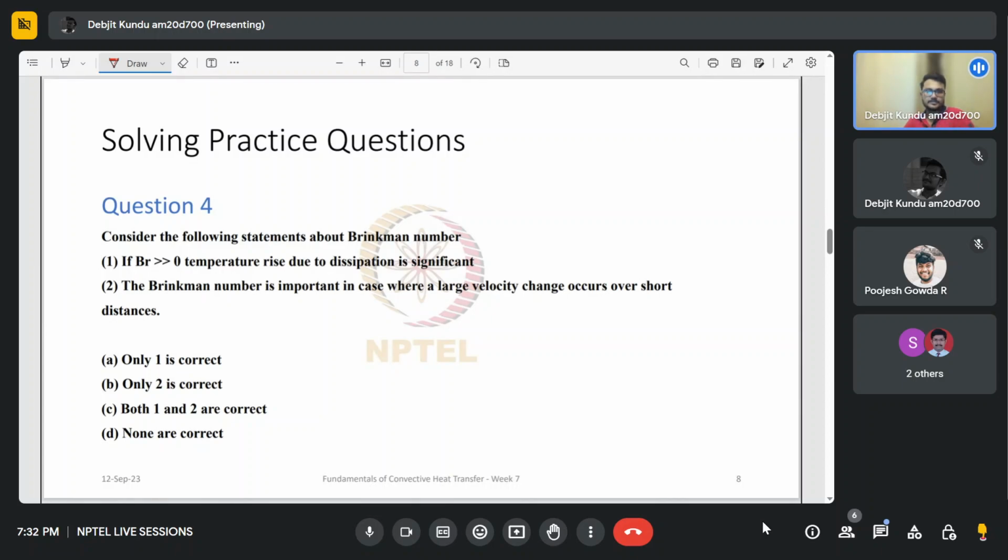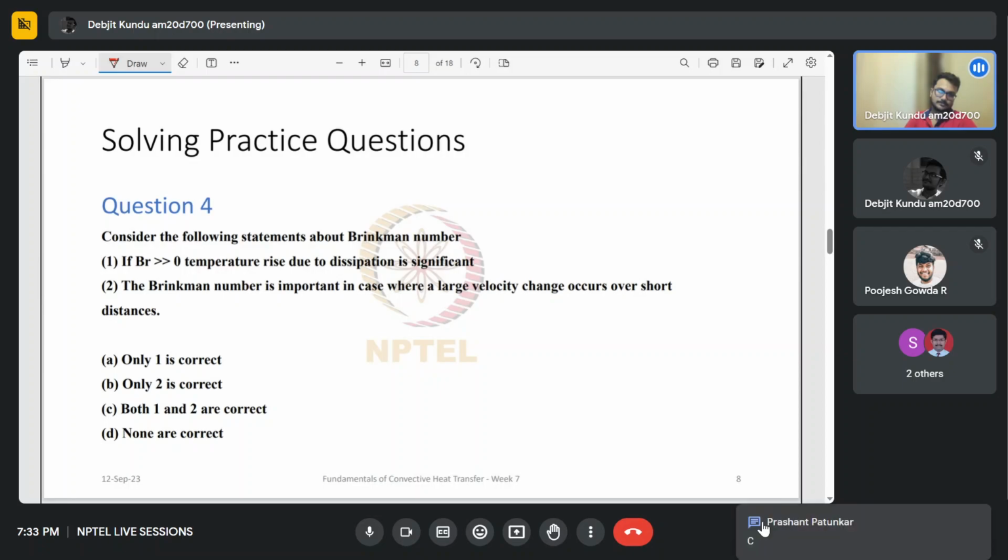Some of these statements might be correct, might not be correct. You have to pick out the correct combination from the options given below. So option A says that only statement 1 is correct and not statement 2. Option B says only statement 2 is correct and not statement 1. Option C says both of these statements are correct, and option D says none of them are correct.